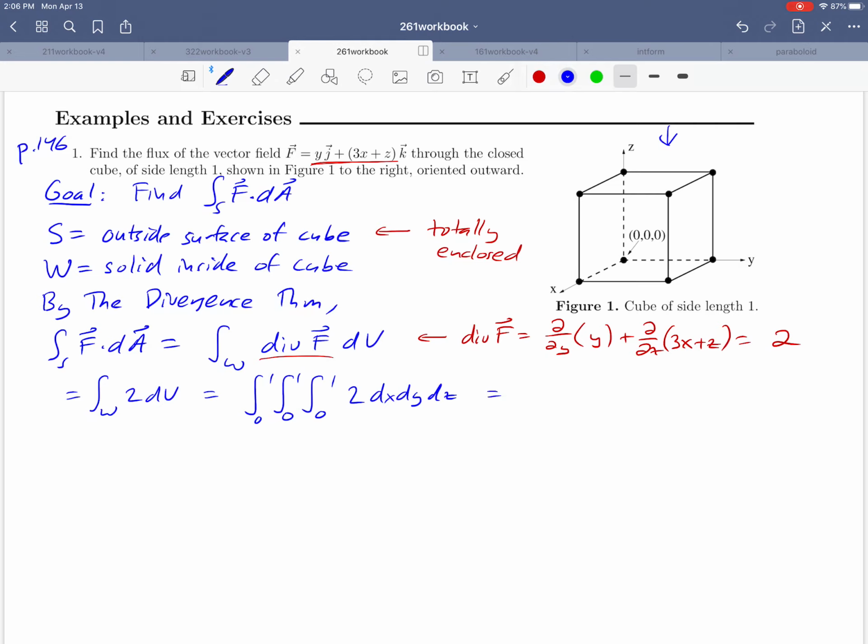And let's go ahead and write out the details of this integral. We'd start with the inside. We'd integrate 2 with respect to x. That's going to give us 2x, which would get evaluated between 1 and 0. If you do that evaluation, that's just going to turn into a 2, and we're down to a double integral.